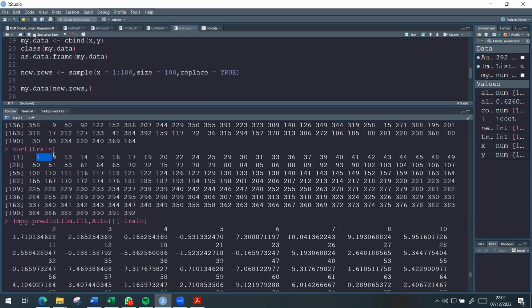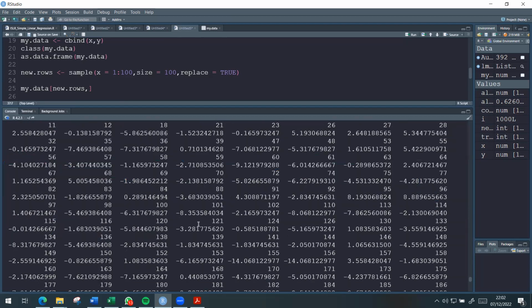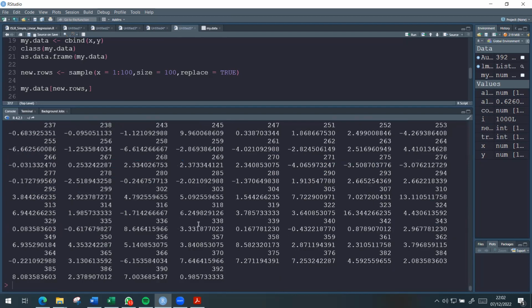Because it starts out fine. 1 is in the training, so 1 doesn't appear. Instead, these, the 9, 9, 13. That's really strange, isn't it?